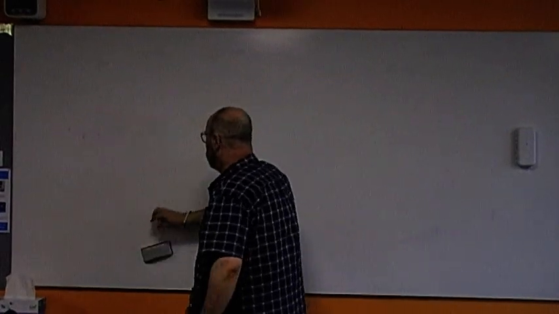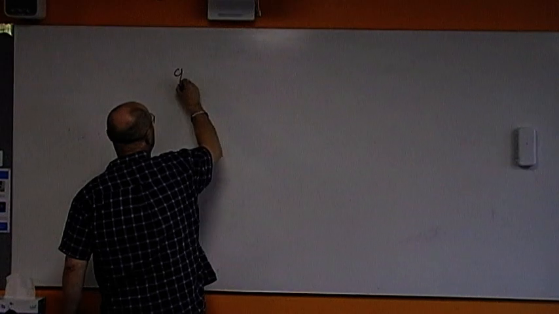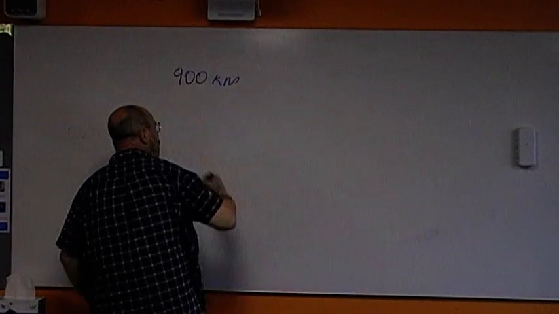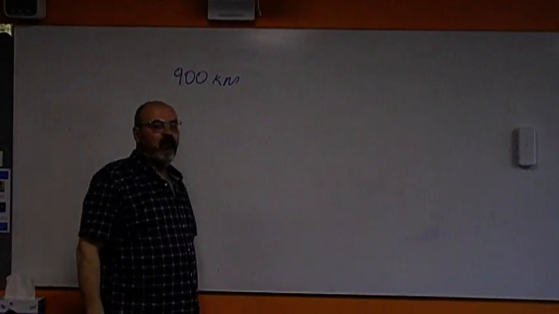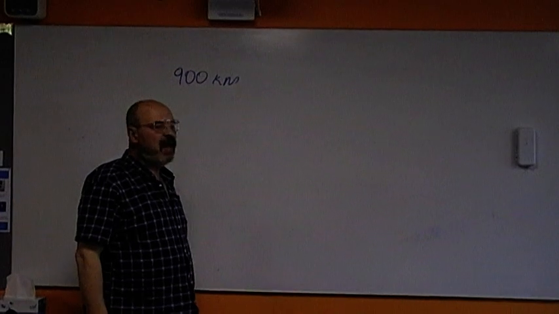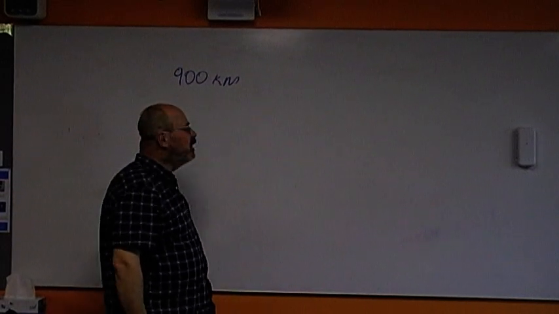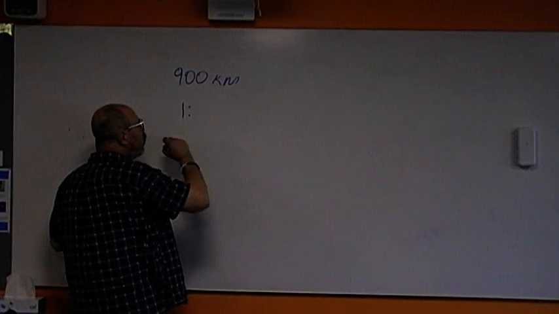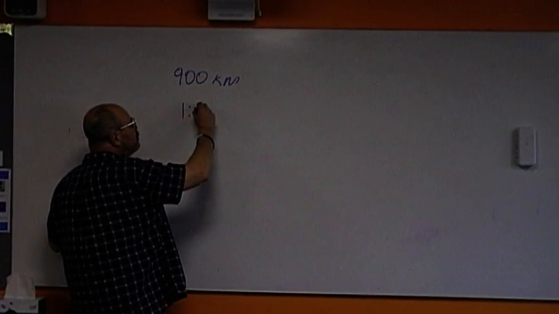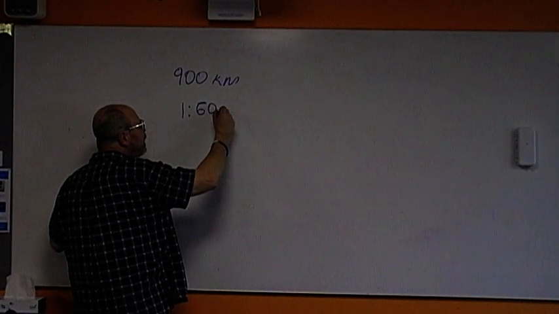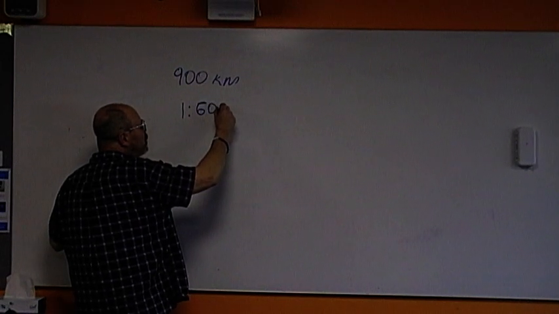Now, what will be the distance on the map if the scale of the map is 1 to 60 million?